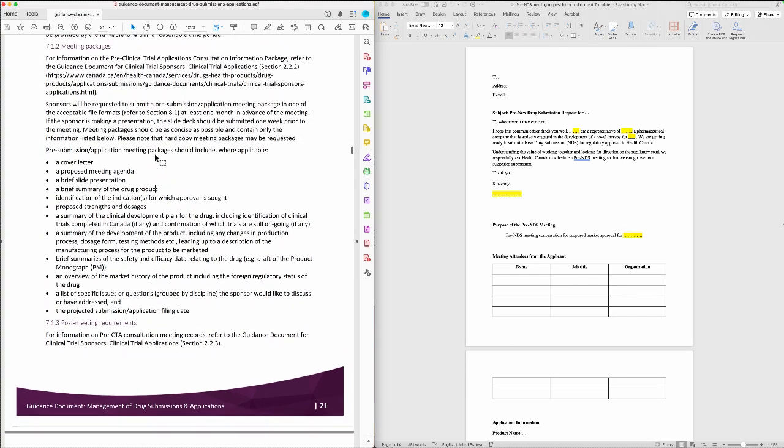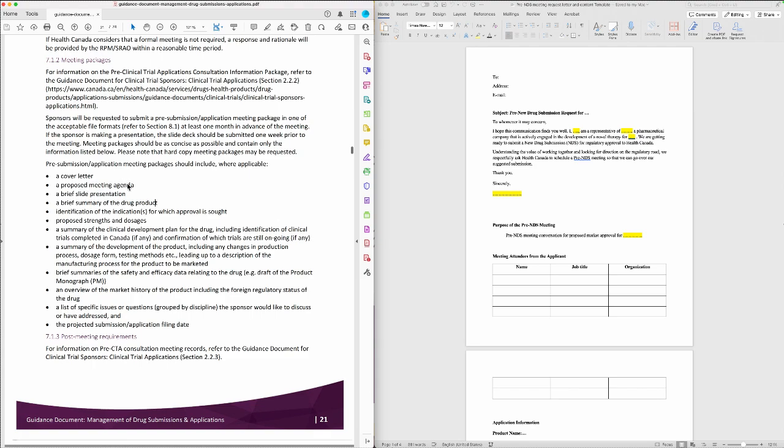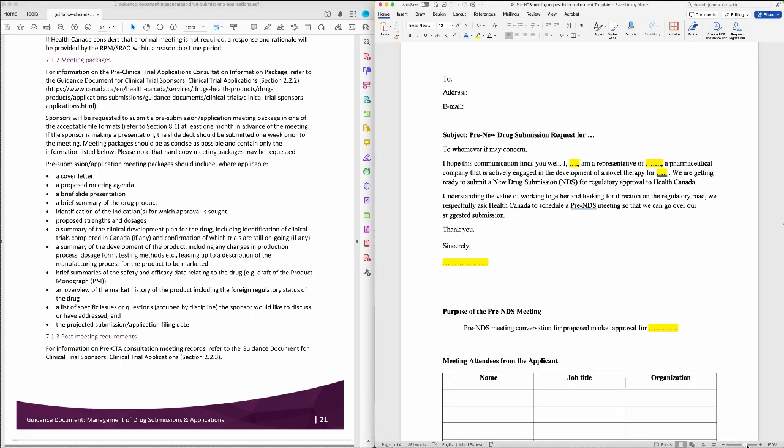So now let's go over again the cover letter template. On the left side, I'm going to keep this document open obviously, because we are going to look into whether or not we are in full compliance with the requirements of Health Canada based on this guidance document by completing this letter. So now let's go over the letter. This is exactly how you should be writing. Anything highlighted in yellow is where you have to complete it.